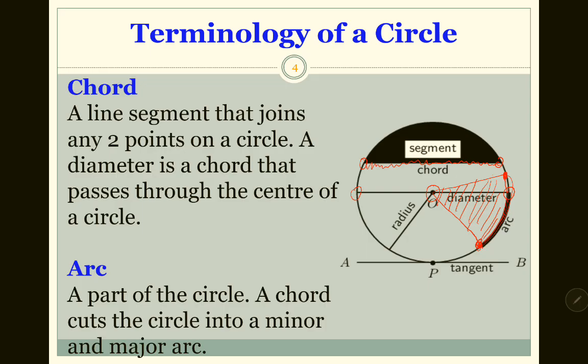So that is what we call an arc. It cuts a circle into a minor and a major arc. So this one is a minor arc, and the rest up until there is a major arc. We only want the outside part. I hope that makes sense.